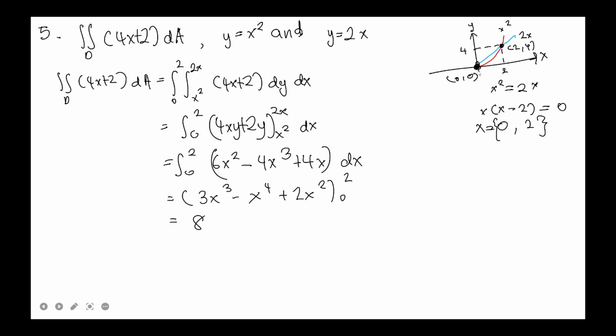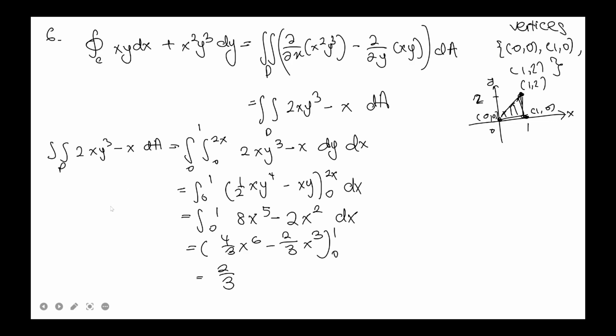If x is 2, then 2 times 2 is 4, or 2 squared is 4. This is the x boundary, 0 to 2. This is the y boundary, x squared to 2x, because x squared is the lowest curve. We know how to do the double integral. If we do it, we get 8.